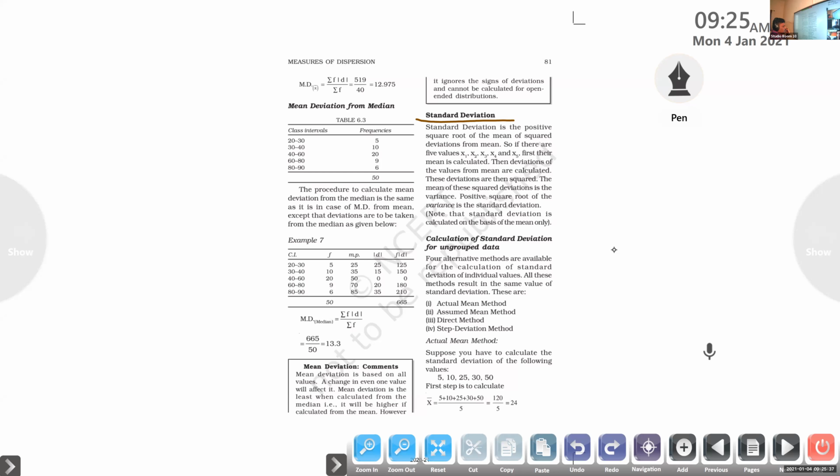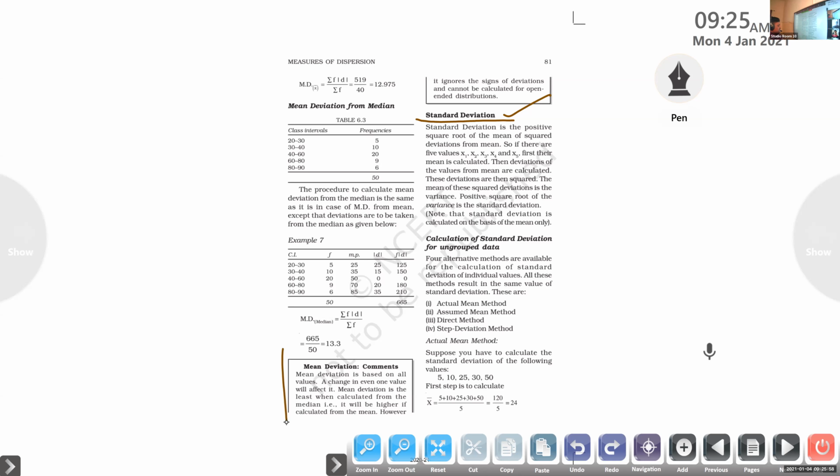Next, moving to the standard deviation. Here is a comment we will read. Mean deviation comments. Mean deviation is based on all the values. A change in even one value will affect it. Clear? So calculations are too important.